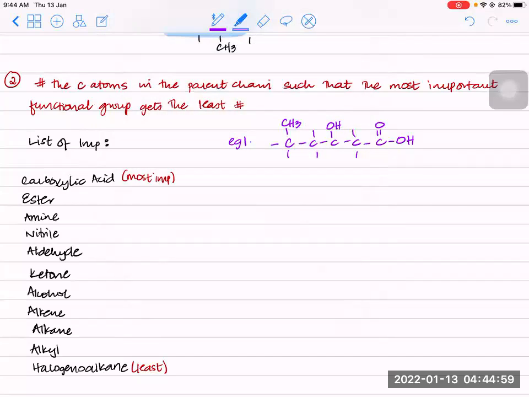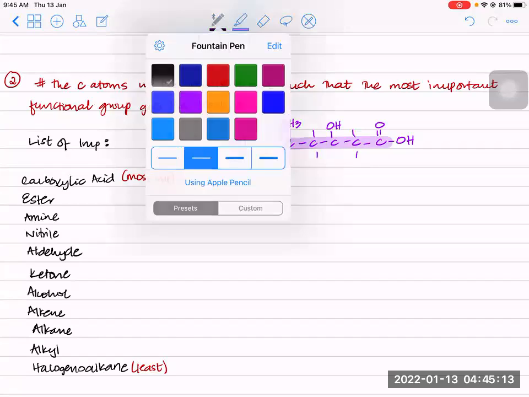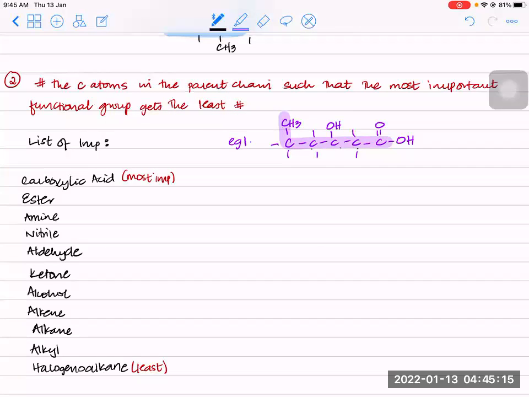So let's pick the longest chain. The longest chain would be this. This is your parent chain. 1, 2, 3, 4, 5, 6, and 7. Sorry, 6. So you have 1, 2, 3, 4, 5, and 6 carbons. So this is your longest chain.